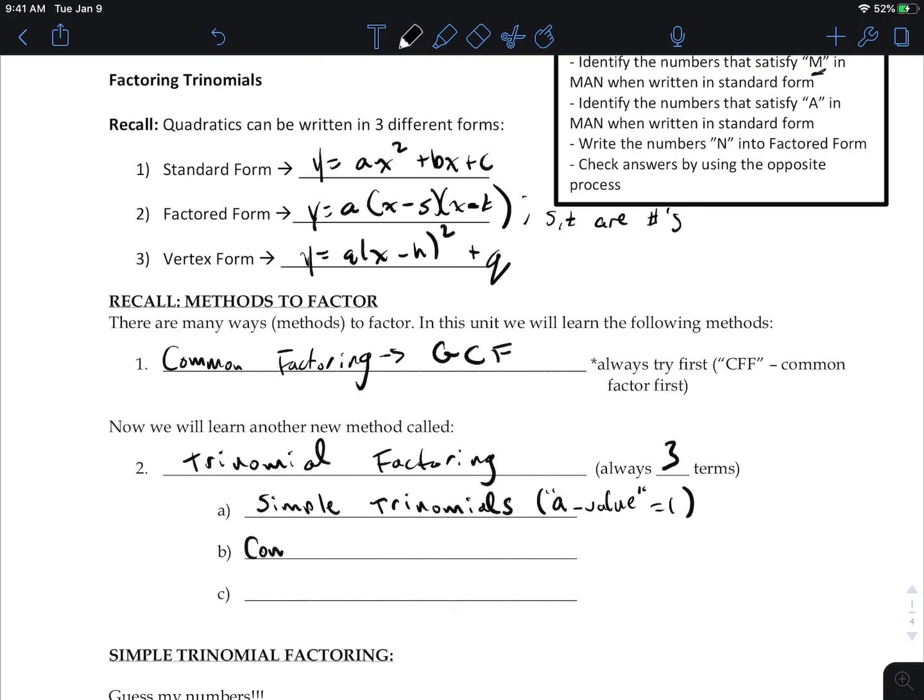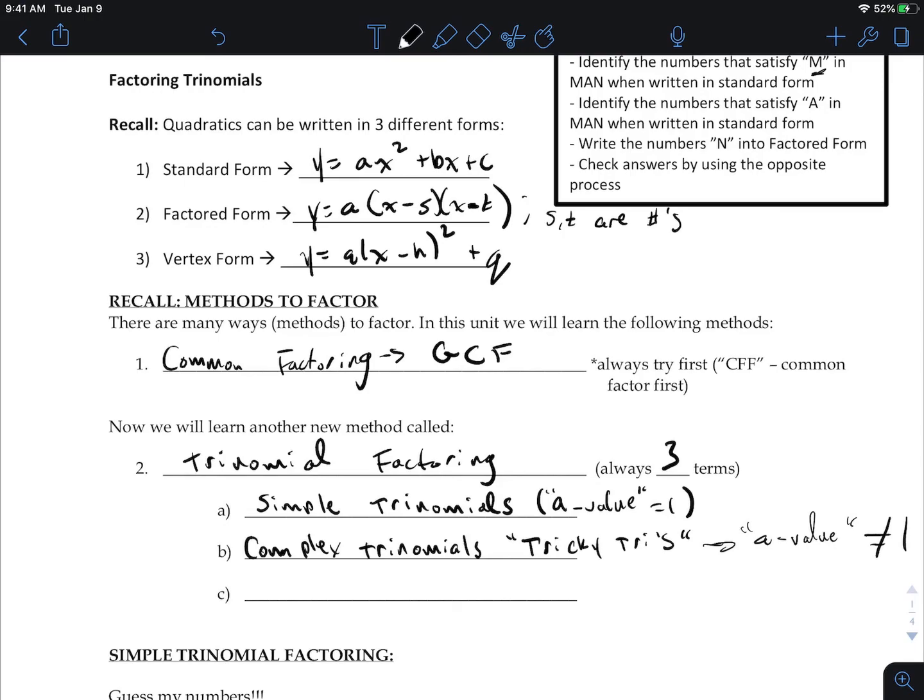We'll call it the complex trinomials, which I like to call tricky tries, right? That's when the a value isn't 1. Okay.